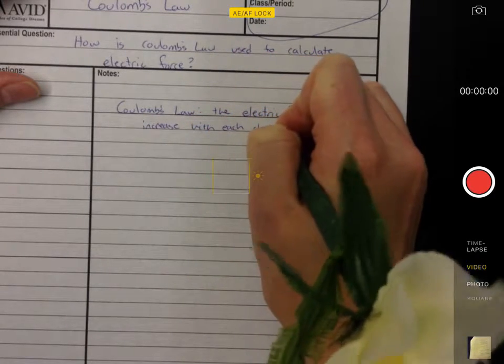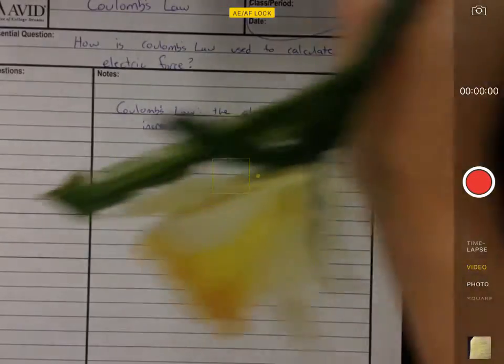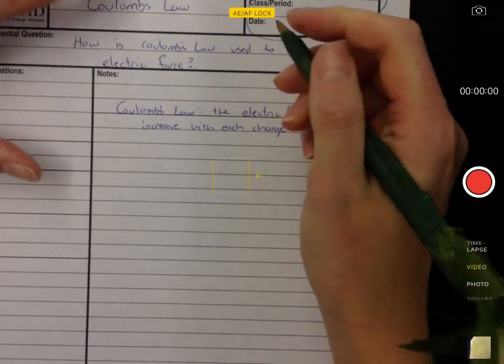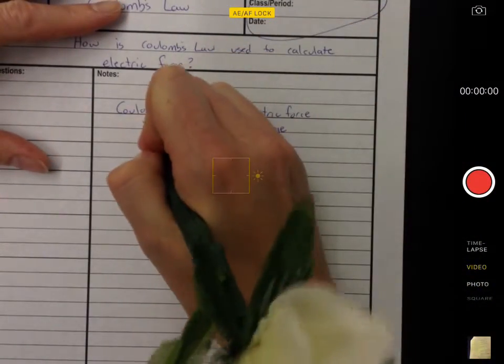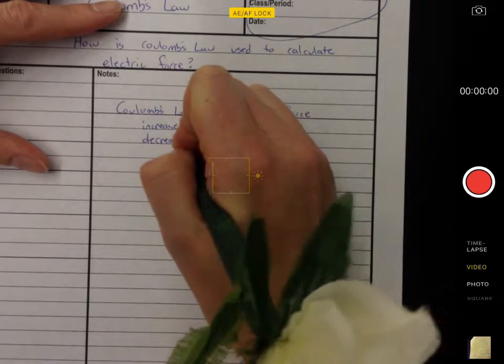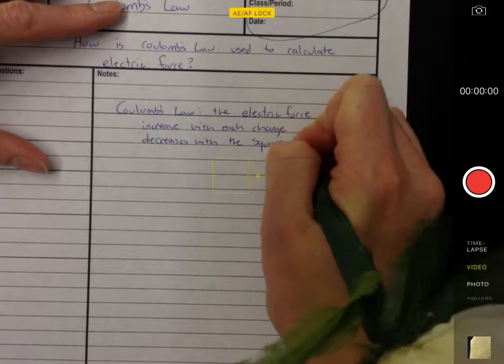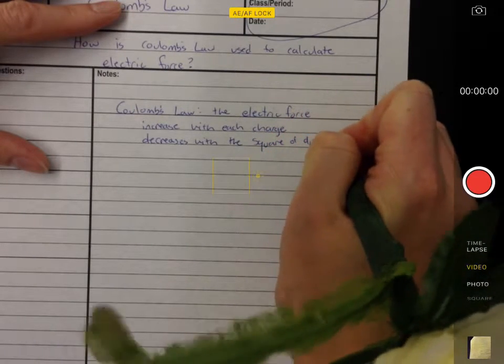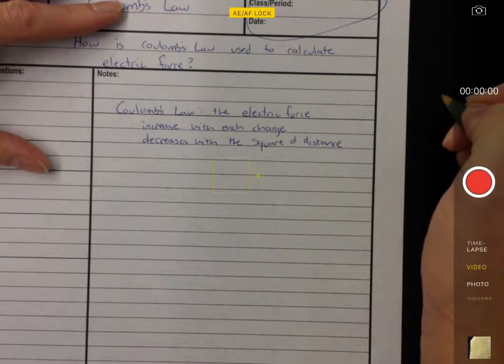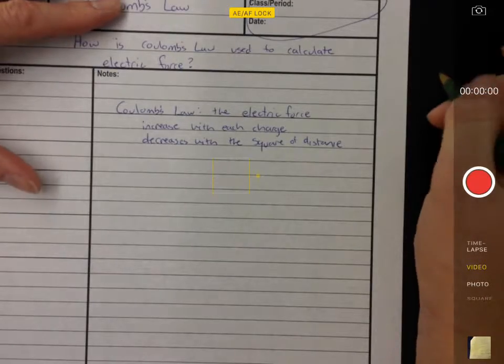That means if you increase one charge, it goes up, and if you increase the other charge, it goes up, and if you increase both charges, it goes up even more. And it decreases with the square of distance. That means that if you change the distance a little, the force changes a bit more, and it goes down.